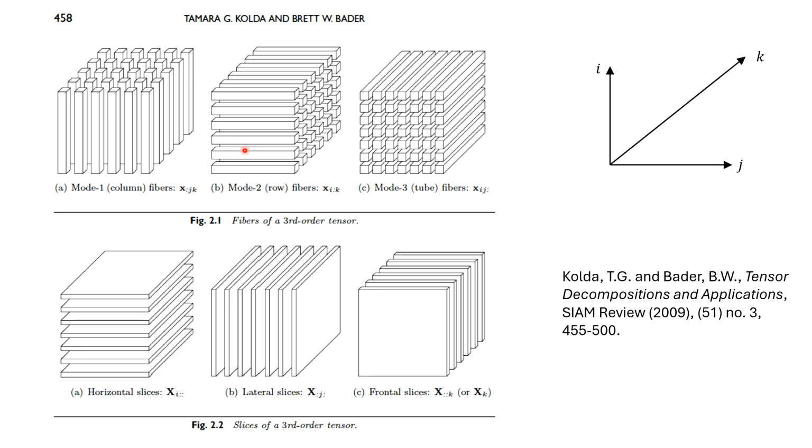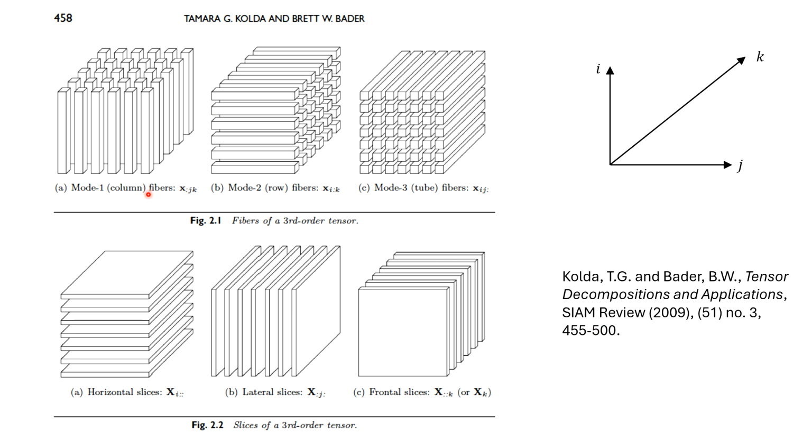This particular diagram comes from this book that I referenced here, and this little set of axes I added to help explain things. This is only a three-way or third-order tensor, but the authors want to show different ways of viewing it.